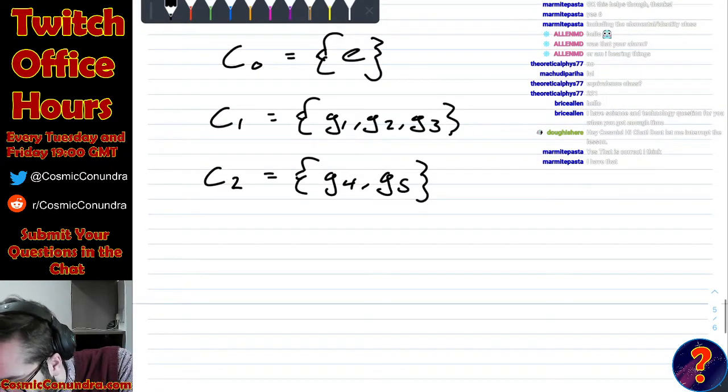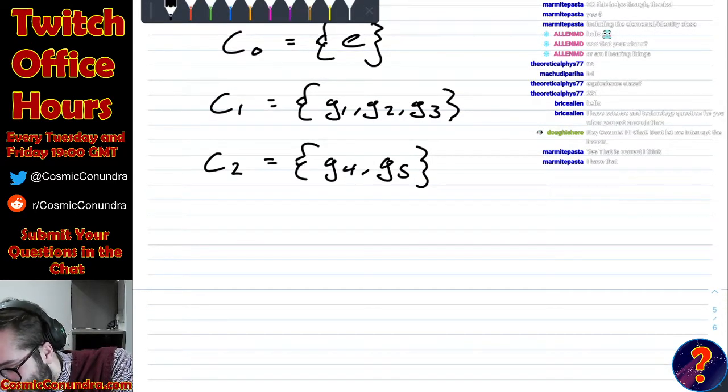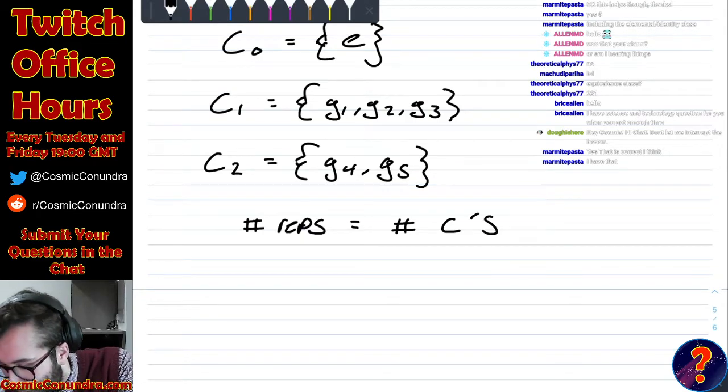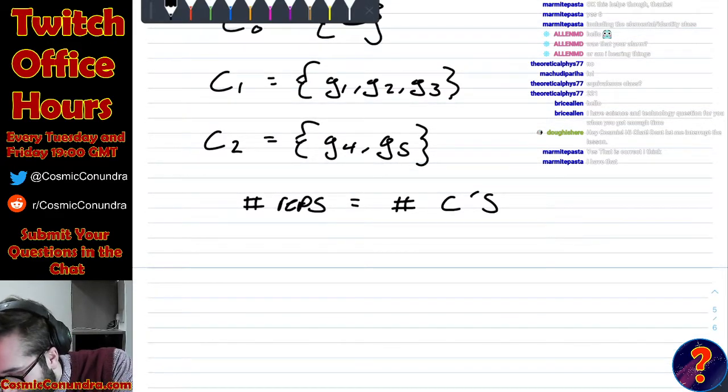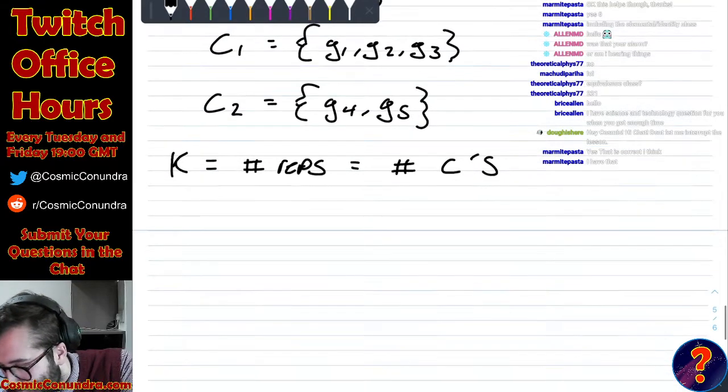Because we had these 3 conjugacy classes, remember we had this equation that the number of representations was equal to the number of conjugacy classes, C's I've just called it here. And let's say that was the number k, this integer k.